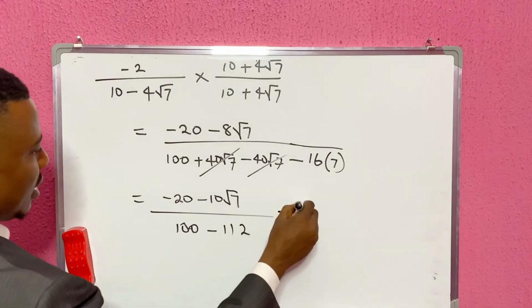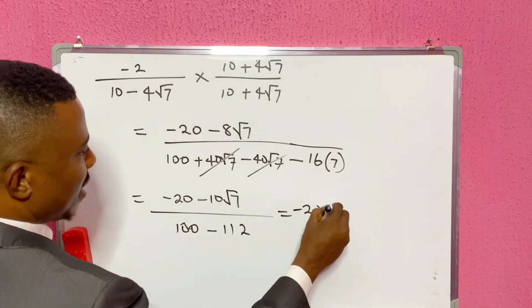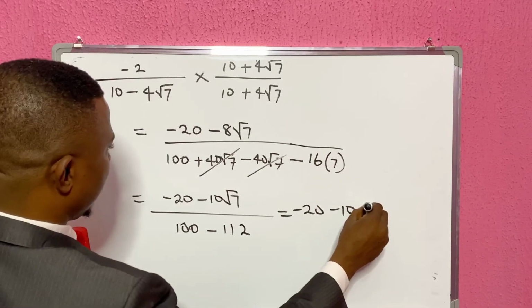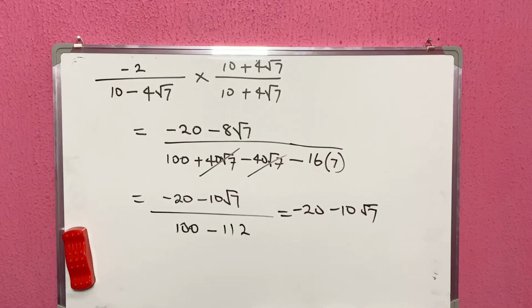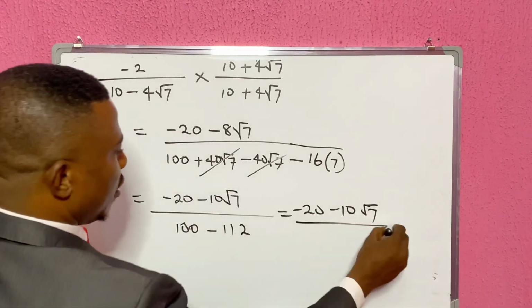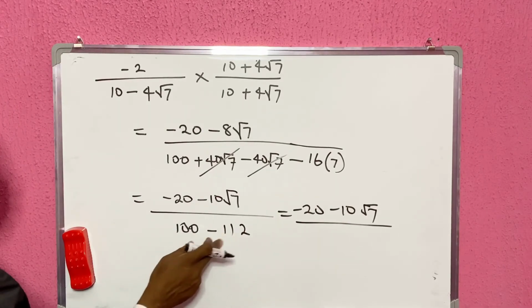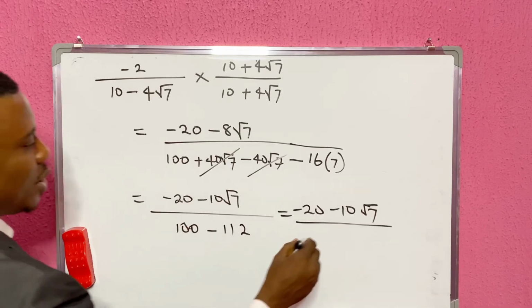This will give us minus 20 minus 10 root 7 all over, subtract 100 minus 112. You are owing 112, you have 100. When you pay, you are still owing 12.